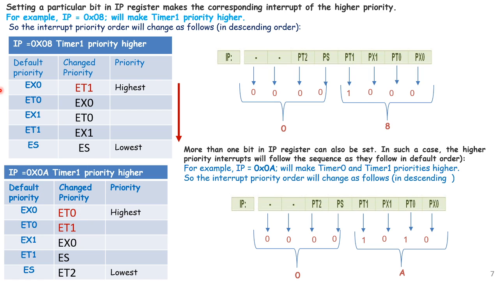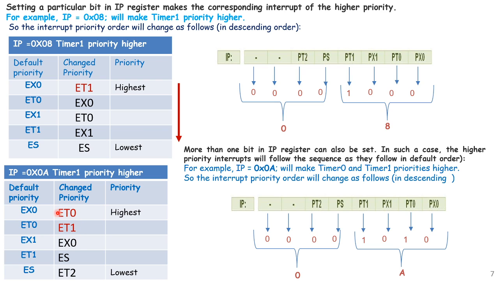So if IP is equal to 0A, timer 1 priority is higher, then PT0 will be the highest one, PT1 will be second highest, and the others will be default. So this is the priority decided when two interrupts come.